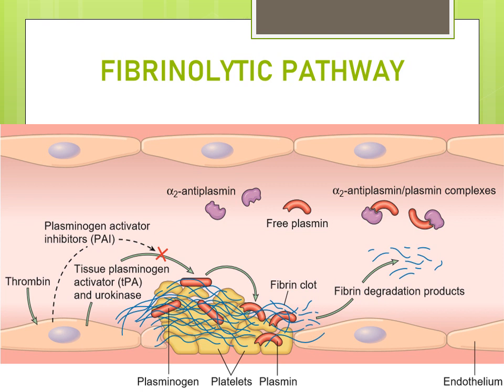This free plasmin can lead to further fibrinolysis of the blood, so it should also be inactivated, and it is inactivated with the help of alpha 2 antiplasmin. This alpha 2 antiplasmin is very important in inhibiting further plasmin molecules. As a result, the fibrinolysis does not progress.